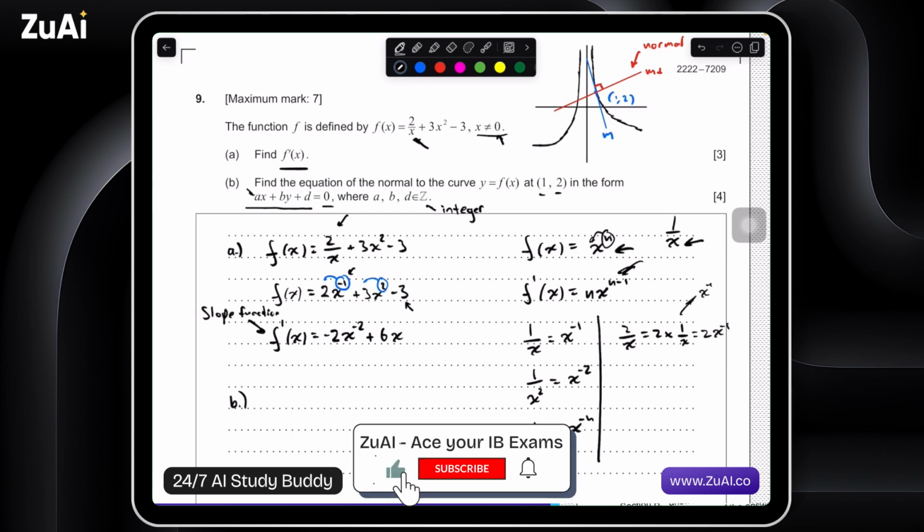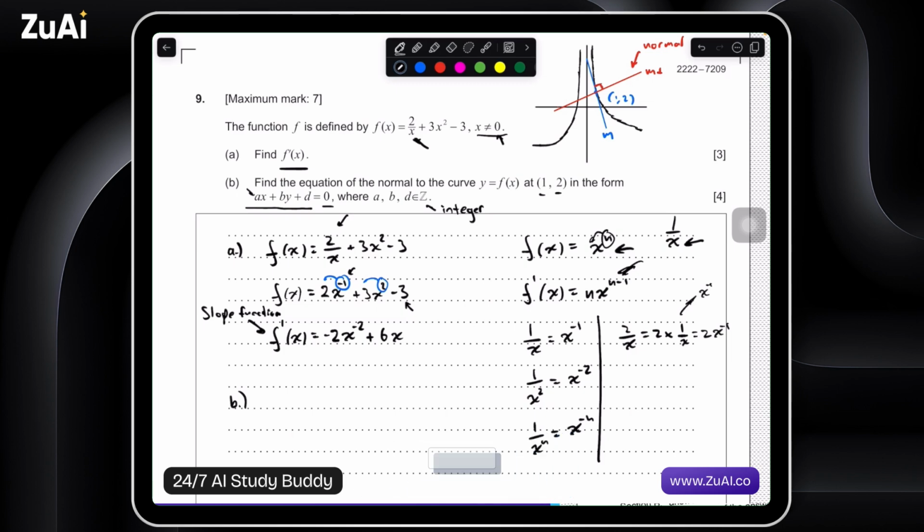So remember the gradient function, the slope function, the derivative, all of these things, they tell us the slope of a line at a given point. So that's what this f prime of x does. And if we know that x is equal to 1, we should be able to put that into our slope function and find the slope of a line at a given point.